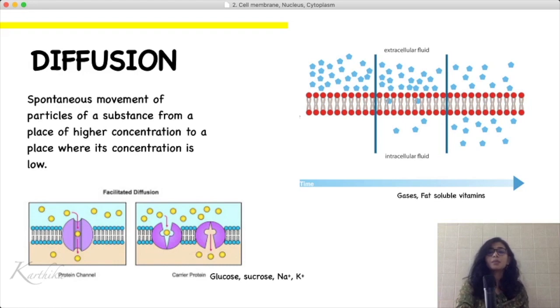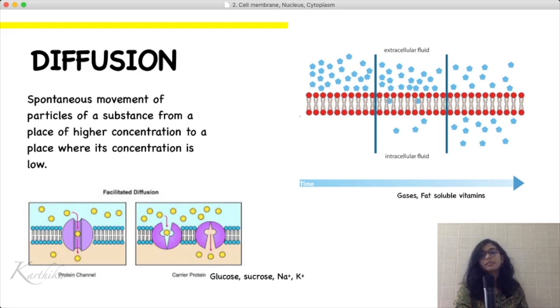The gas molecules are more. Suppose it's oxygen, okay? Oxygen molecules are more outside the cell and the cell needs it. So what happens? Slowly these molecules move from the higher concentration, that is the extracellular fluid, extra as in outside, into the intracellular, intra always meaning inside, the inside of the cell. It's slowly moving on its own.